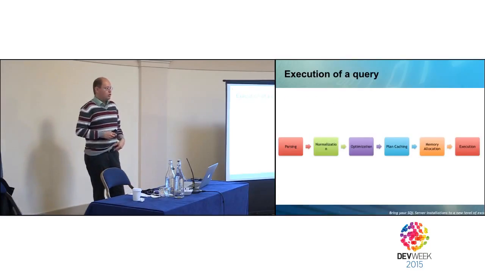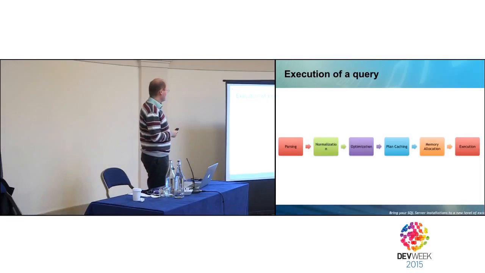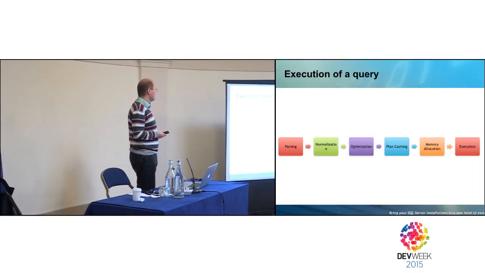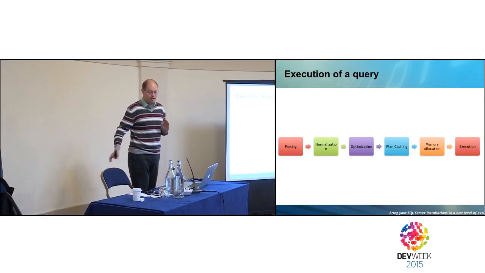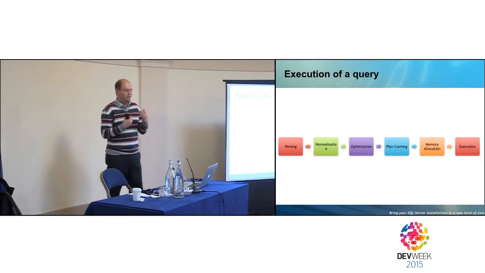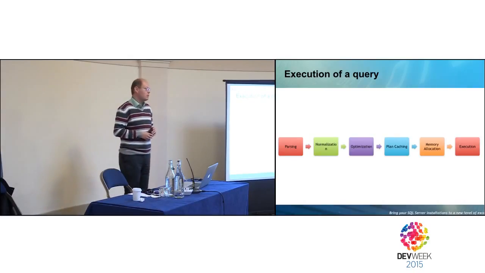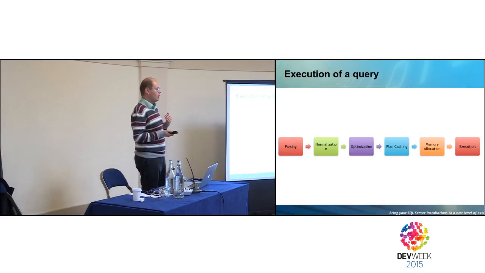Before I talk about the physical join operators, I want to give you a very brief overview of what happens in SQL Server when we execute a query. In the first step, SQL Server has to parse our query, means SQL Server checks if we have syntactical errors, if we reference tables that exist in our current database, and if we reference columns which are part of those tables.